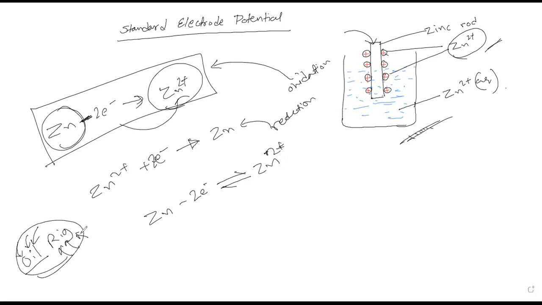This is the term which I usually use to remember which one is oxidation and which one is reduction, so you can also use this to recall. Now, as I just mentioned, the rate of oxidation and reduction is equal. That means an equilibrium is established, where the rate of forward reaction equals the rate of backward reaction, because the forward reaction is the oxidation reaction and the backward reaction is the reduction reaction.